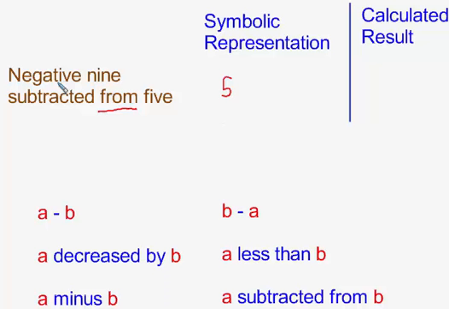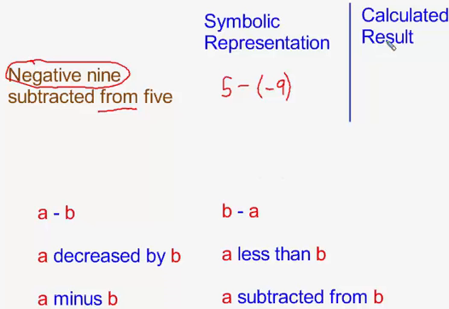In fact, we want -9 to be subtracted from 5. So it's the -9 that's being subtracted off of the 5. So we have the 5, and we are to subtract off. And what are we to subtract off? The number -9. Let me write the number -9 in parentheses. So here we have the number -9 being subtracted from the number 5.